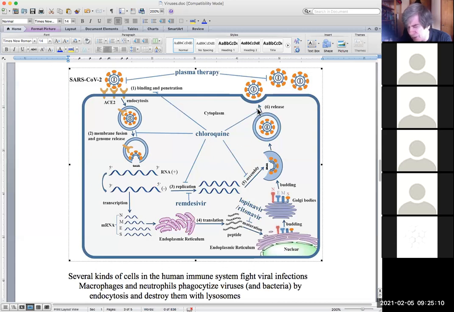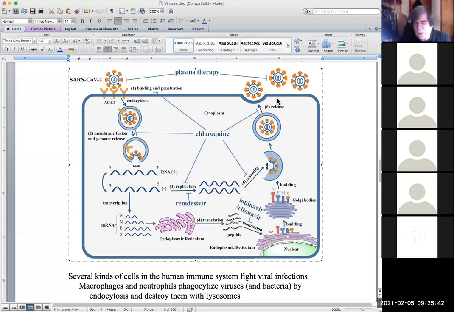Notice that the little kind of blocking symbols are coming out to various arrows representing metabolic pathways. Now, it turns out, as far as we can tell, chloroquine doesn't really do anything in this instance. But you might remember it because President Trump proposed this and some of its relatives as being a treatment for COVID-19 way back in the beginning of last summer, I think, or the end of last spring.